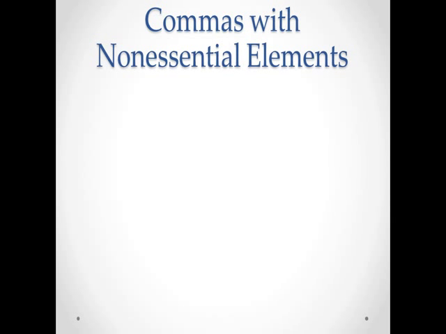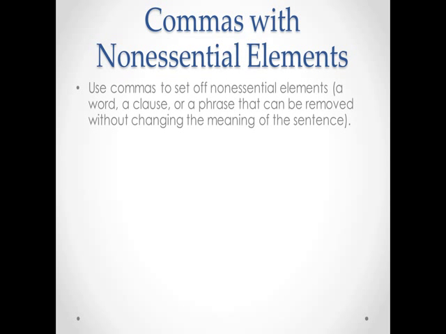Commas with non-essential elements. You use commas to set off non-essential elements, a word, a clause, or a phrase that can be removed without changing the meaning of the sentence. If you look at the sentence, "My aunt, who is 60 years old, cuts hair for a living."